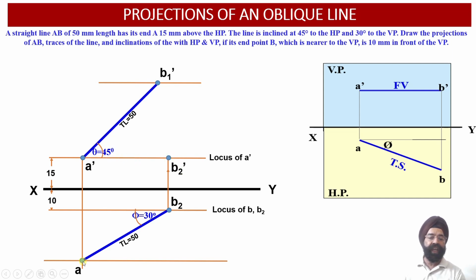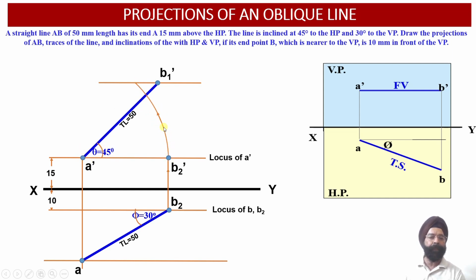So now AB2 will be true length only when A dash B2 dash happens to be parallel to the horizontal plane. So now the apparent length in the elevation parallel to the horizontal plane has been obtained. With this as our needle point, we are going to open the compass up to the radius A dash B2 dash and draw an arc in this direction through point A dash.